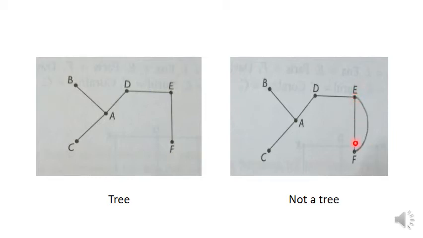One edge, the straight line, and then one more edge, the curved line. So these two are called multiple edges, EF and one more also EF. If the graph has multiple edges like this, then this graph is not a tree.